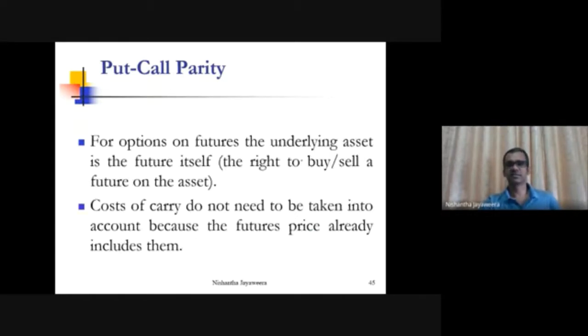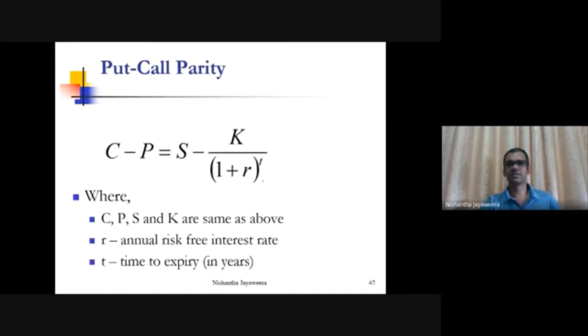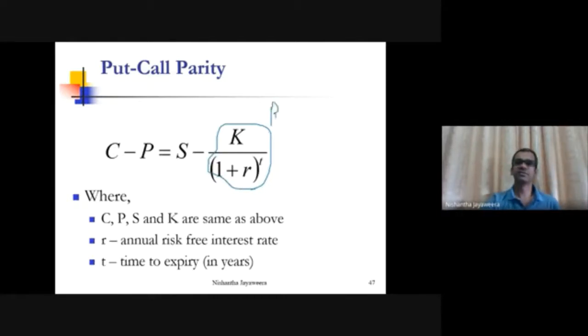The K minus 1 RT, what does it mean? This is like a zero coupon bond paying the face value equal to K. So minus K means we are selling a bond with the face value equal to K. Then we get the present value. Plus K means we buy a bond.